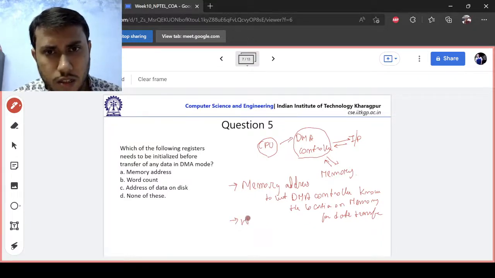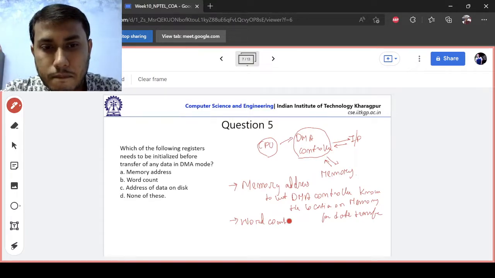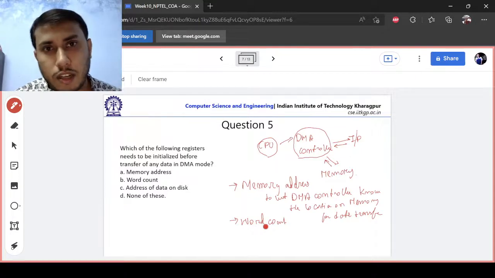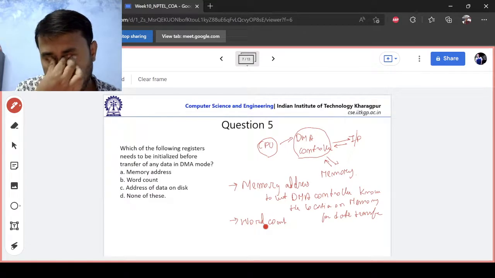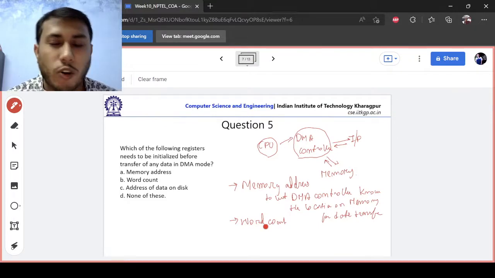Next is word count. Other than telling the DMA controller the address for the memory, the CPU also needs to tell it how many words need to be transferred between the IO and the memory.